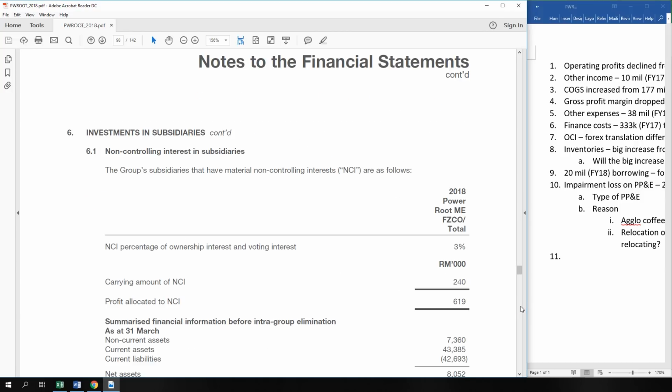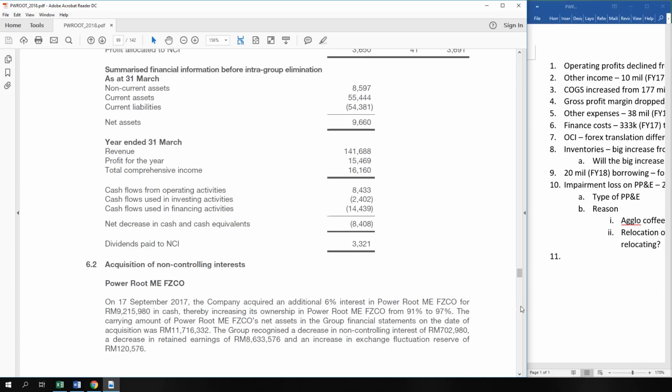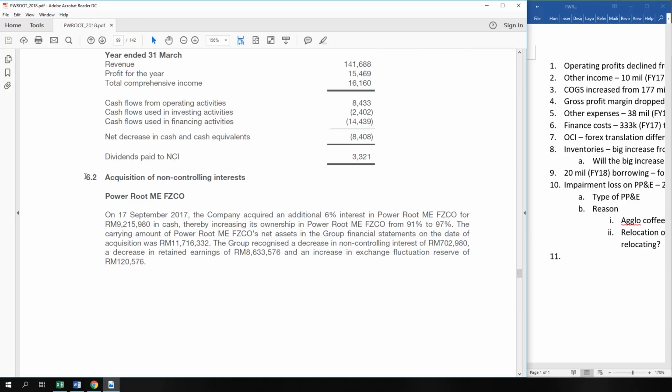Let's move on. Okay, here 6.2, there is an explanation. So the company acquired 6% interest of Power Root, me, FZCO, for 9.2 million in cash.